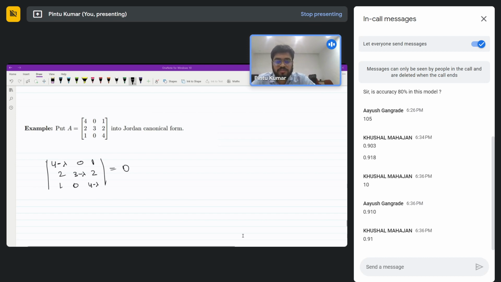I'll just open MATLAB and calculate the eigenvalue for this particular matrix: 4, 0, 1, 2, 3, 2, and 1, 0, 4.